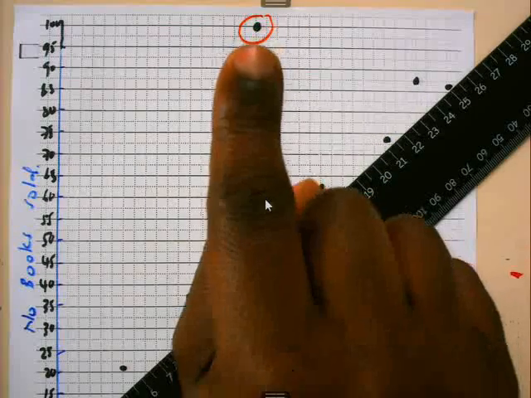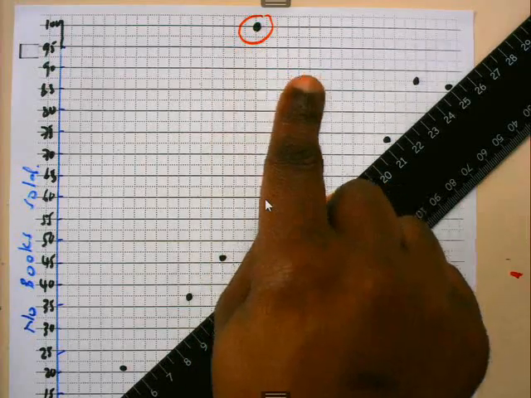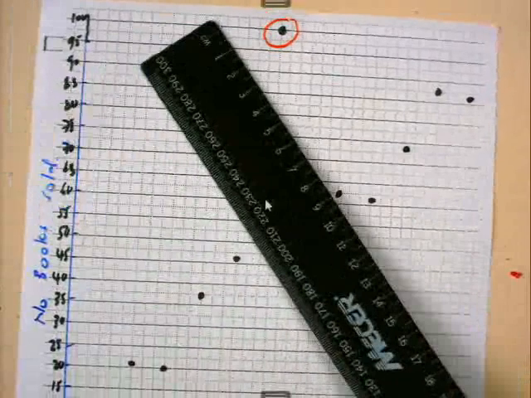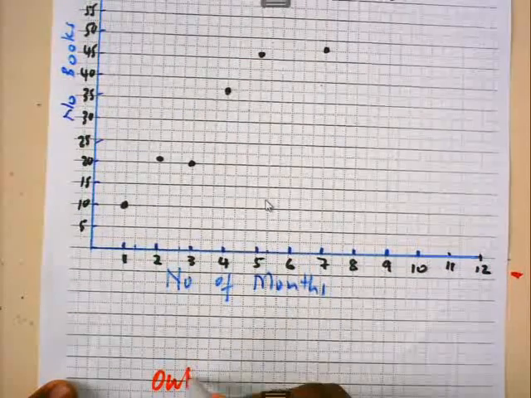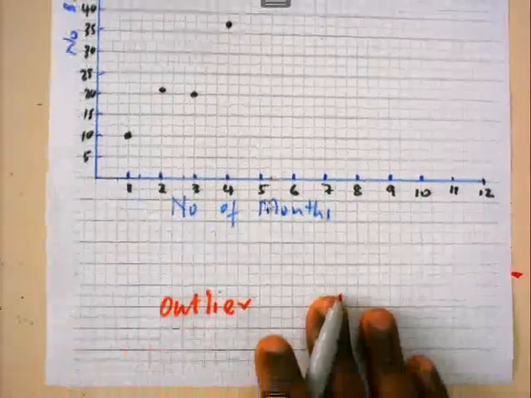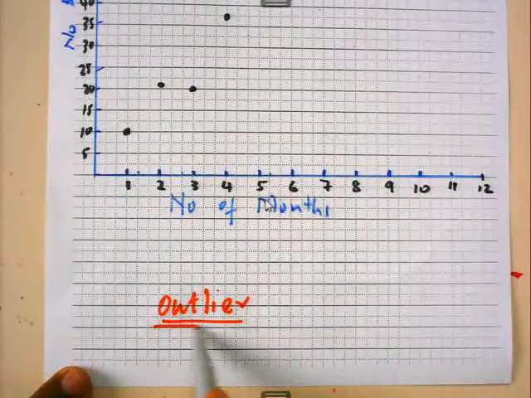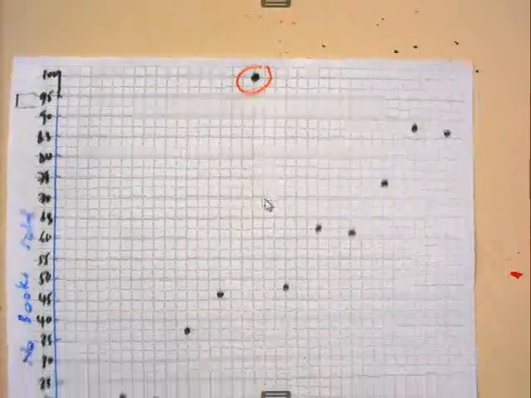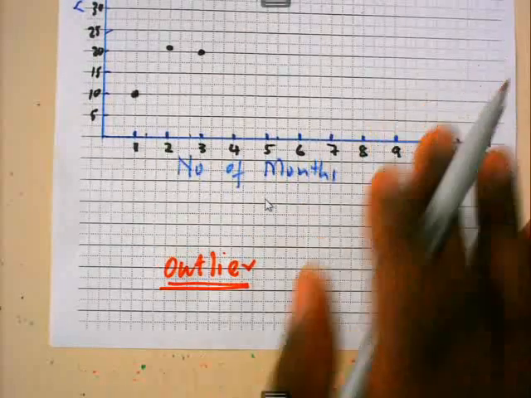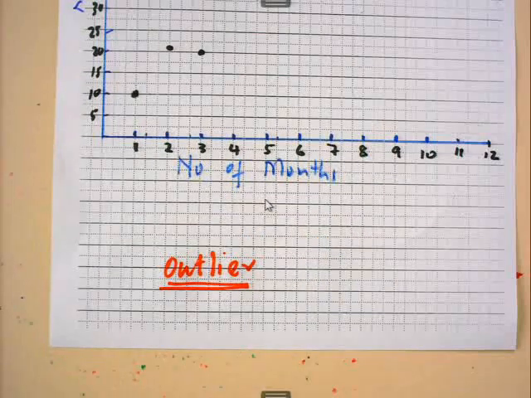I just want to write it down here. That point which is away from all other points, it is an outlier. And you see I've used the red color for that point. That point out there is normally called an outlier.